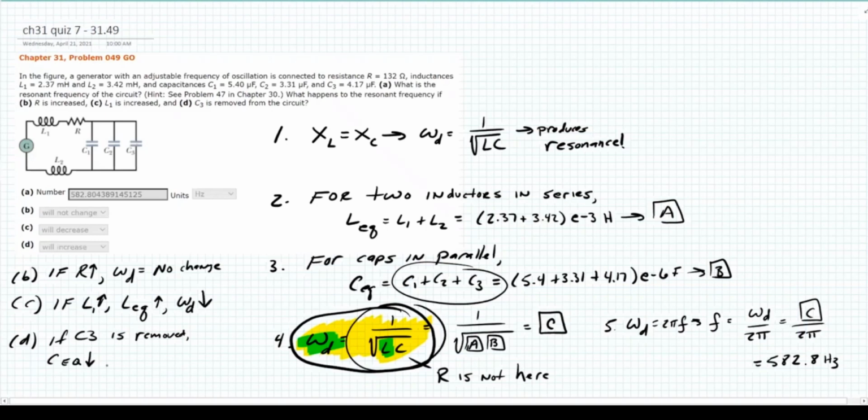If my equivalent capacitance decreases, my driving frequency, once again looking at step 4, the denominator gets smaller. If the denominator gets smaller, omega D gets bigger.